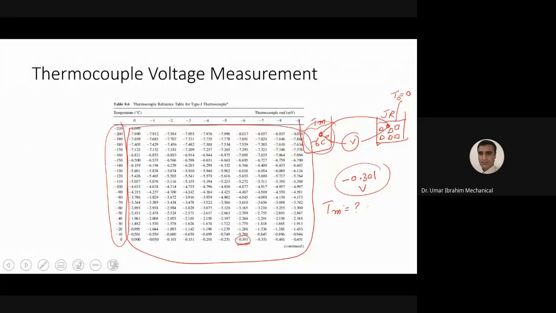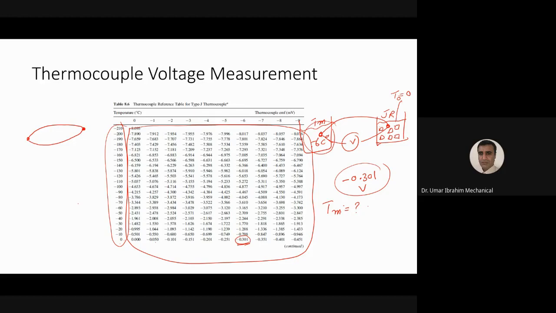So let's suppose we are conducting an experiment. Okay.